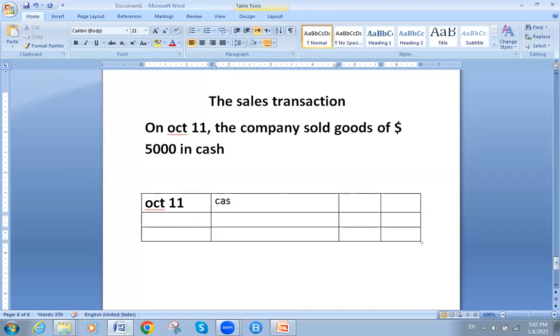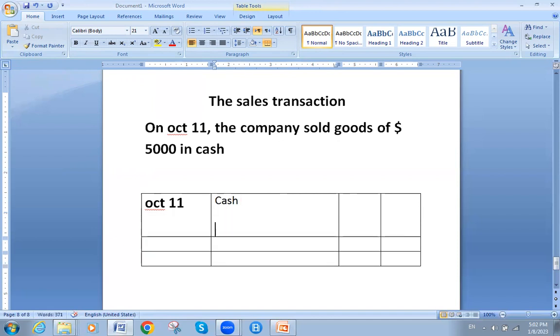So I will say from cash, and go down just a little bit into sales. From cash into sales. Here I will put it on the right, but not so far to the right, just a little bit. From cash to sales with the amount which is 5,000.